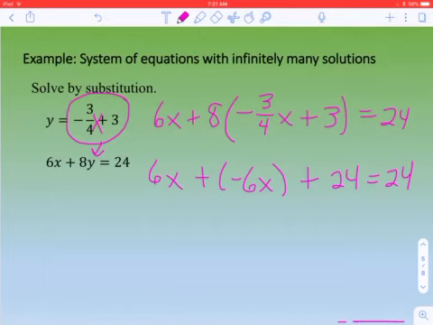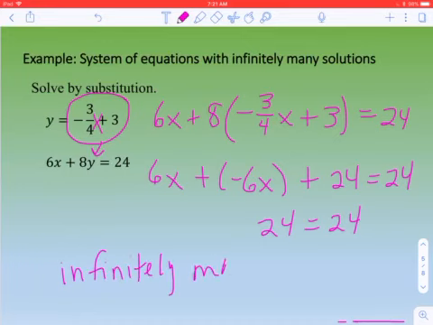The positive 6x and the negative 6x cancel out, giving us 0, and I'm left with 24 is equal to 24. That's a true statement, so this answer would be infinitely many solutions, because the variables cancel out and I'm left with a true statement.